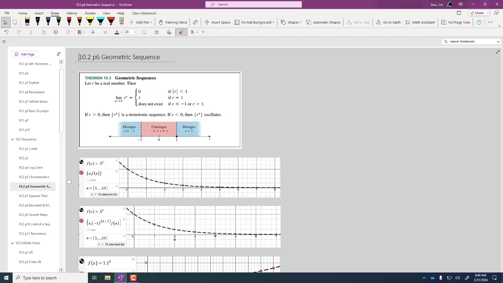What is the first term in this series? 1/5. And then the second term in this series? 1/25. And what is the common multiplier that we see for this series? 1/5. So 1/5 is the ratio, the common multiplier.